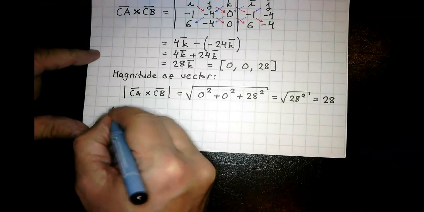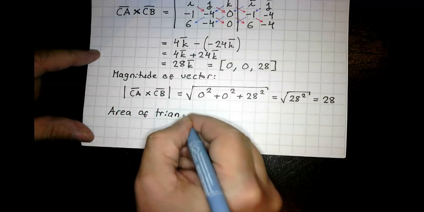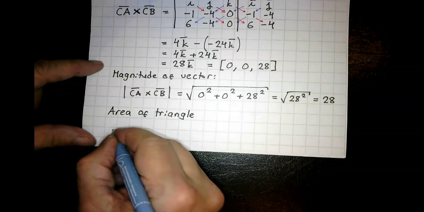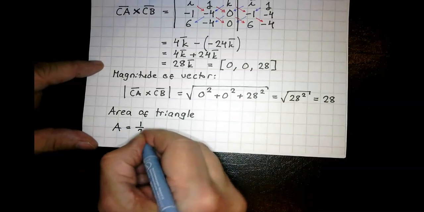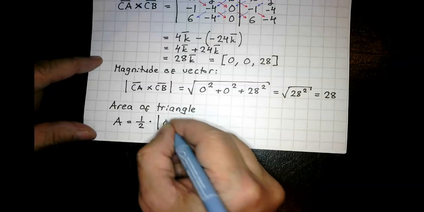And the area of triangle, we get it by multiplying with 1/2.